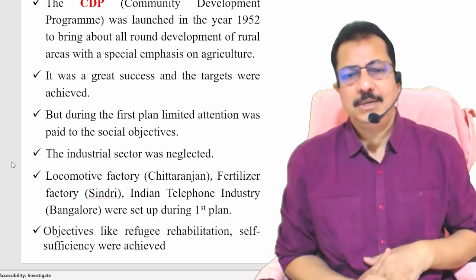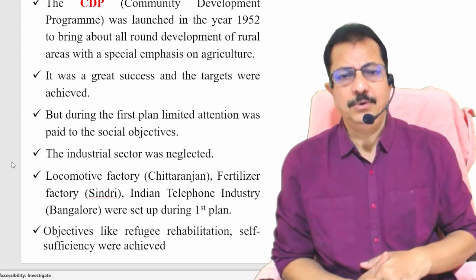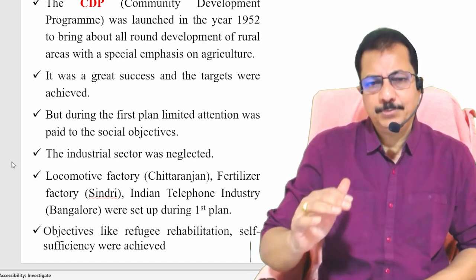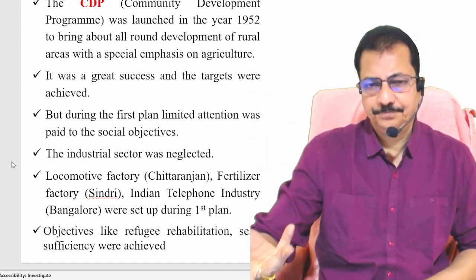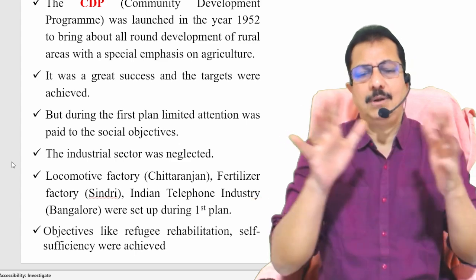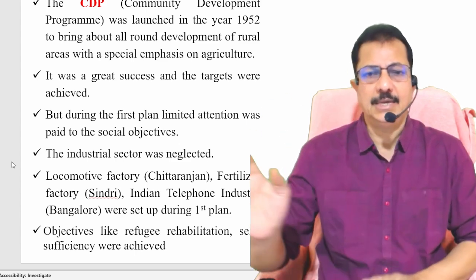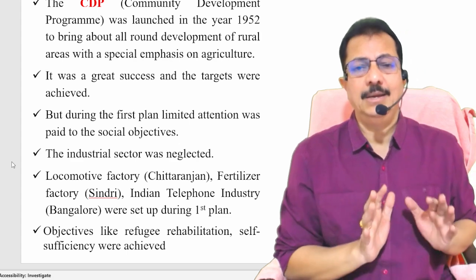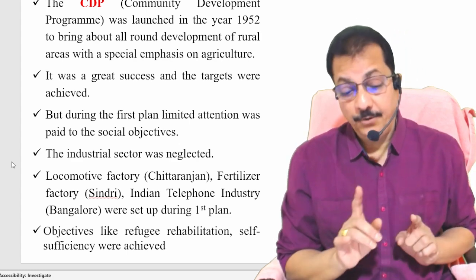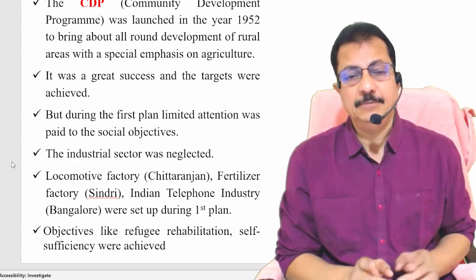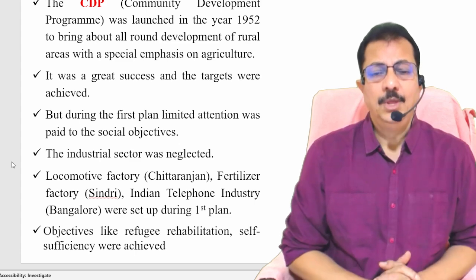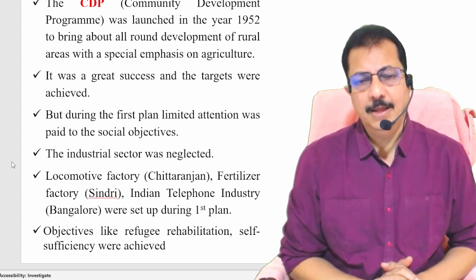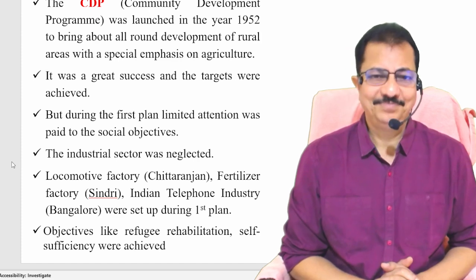What happened during the time of Rajiv Gandhi and during the time of Shri P.V. Narasimha Rao, how this amendment became an act, when it came into force, what the various provisions are and what the current situation is. Everything I have discussed during our Indian polity classes. If you have any doubt regarding CDP, please refer to our Indian polity classes under the heading of Panchayati Raj. Am I clear?